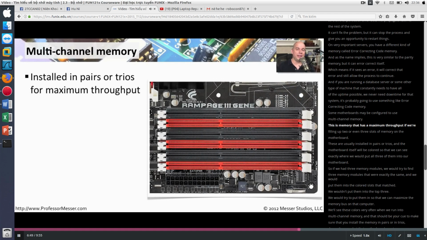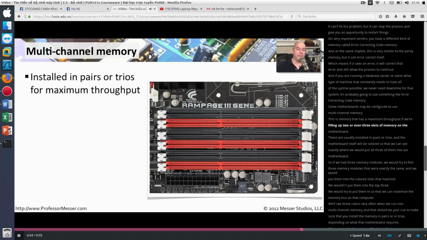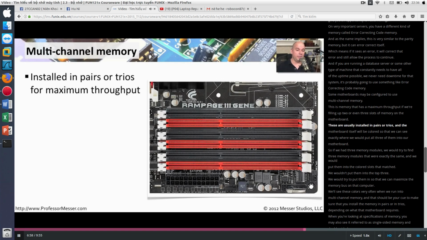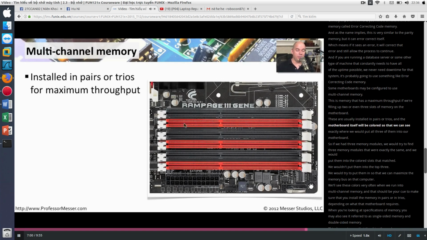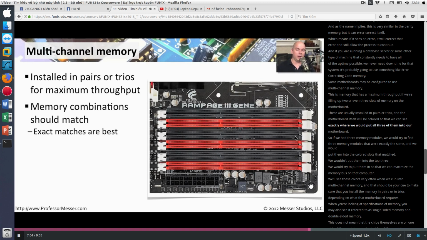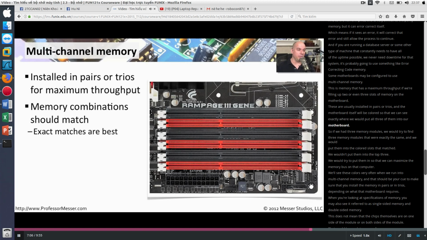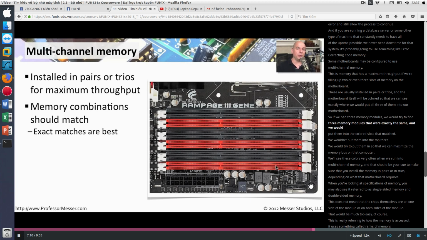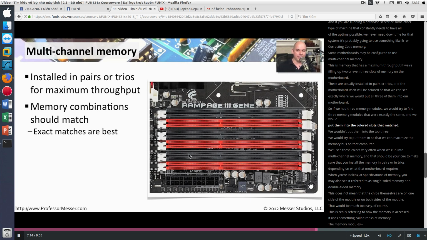Some motherboards may be configured to use multi-channel memory. This is memory that has a maximum throughput if we're filling up 2 or even 3 slots of memory on the motherboard. These are usually installed in pairs or trios, and the motherboard itself will be colored so that we can see exactly where we will put all 3 of them. So if we had 3 memory modules, we would try to find 3 memory modules that were exactly the same, and we would put them into the colored slots that matched.